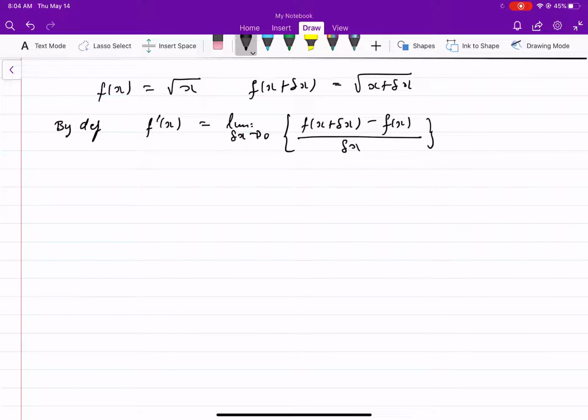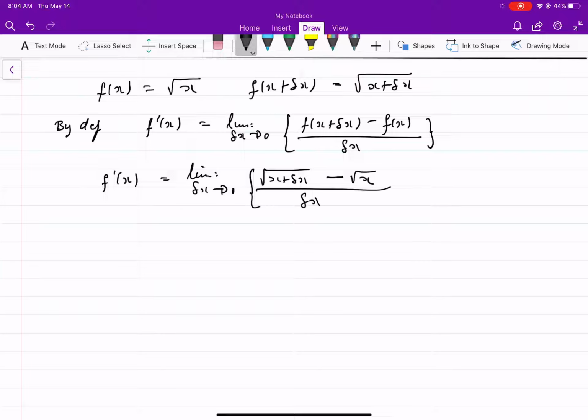If I plug in, f prime of x will be the limit as delta x approaches 0 of the root of x plus delta x minus the root of x all divided by delta x. Try plugging in delta x equals 0 at this point, you'll get 0 upon 0. So that's not going to work. Well, how are we going to deal with this one?